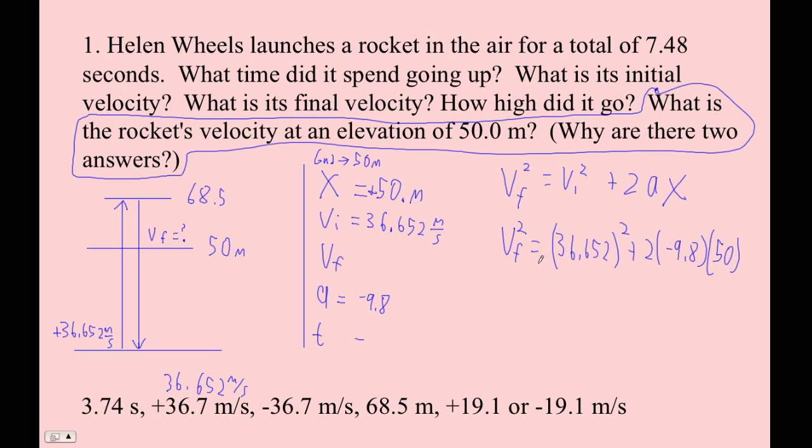Alrighty. Now, to get the answer, we've got to take the square root of a square. Right? Well, when you take the square root of a square, you don't know what the original number was. You don't know whether it was positive or negative. All you can say is that the absolute value of the final velocity is equal to the square root of this, right? Now this is how we're going to get two answers.